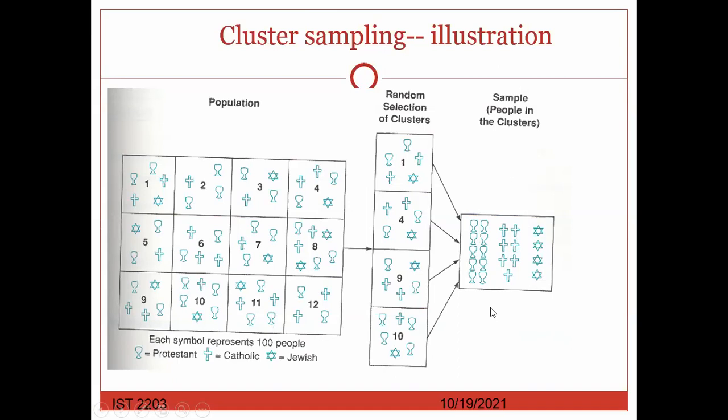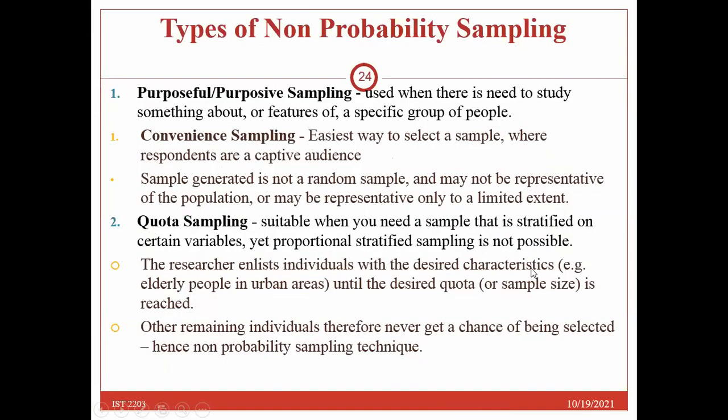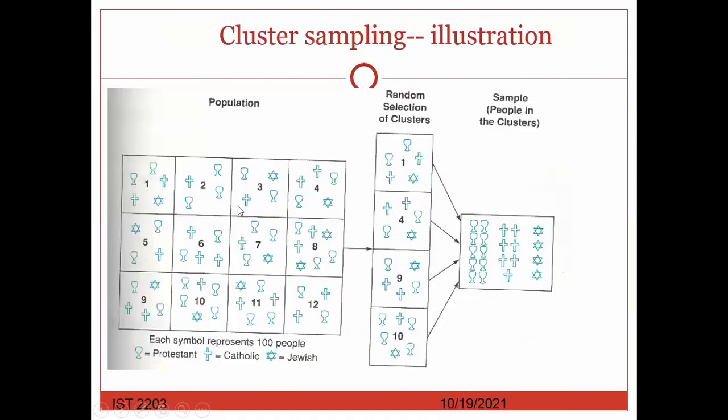So the clusters have to be a mix. It shouldn't be that one cluster has less and others have more. You can see in most clusters, the Protestants are more, and some clusters don't have any Jews. So the idea is that the units must be homogeneous, fairly well mixed, so that you can easily just cut it into clusters.